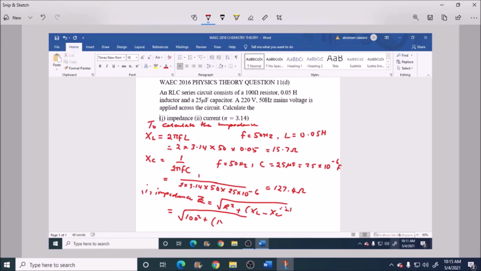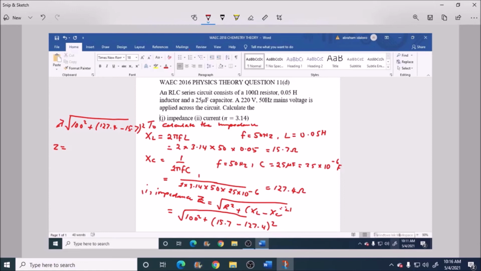So let's come to this side and finish it up. This is the root of 100 squared plus 127.4 minus 15.7 all squared. So the impedance is equal to 149.9 ohms.